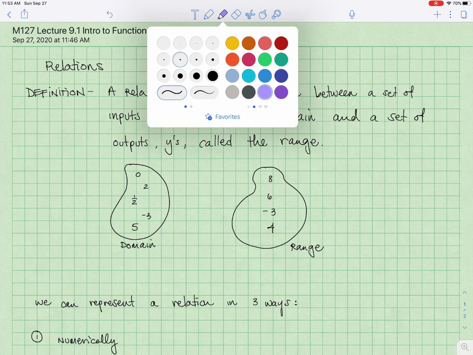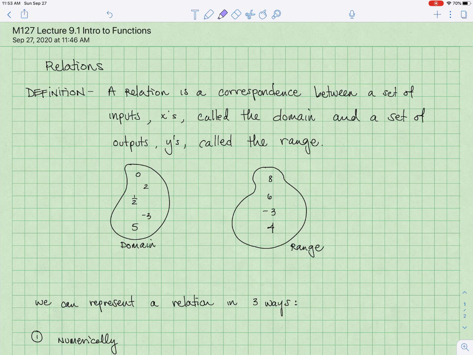You can visually represent this by picking a number from the range, picking a number from the domain, and connecting them. There you go. That is a correspondence between those two values.